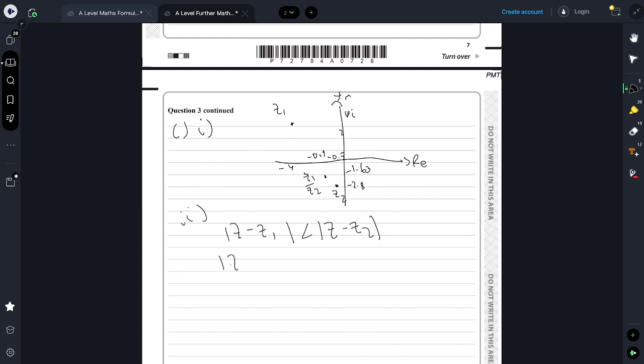Cool. Or alternatively, Z minus... Well, we don't really need it actually.